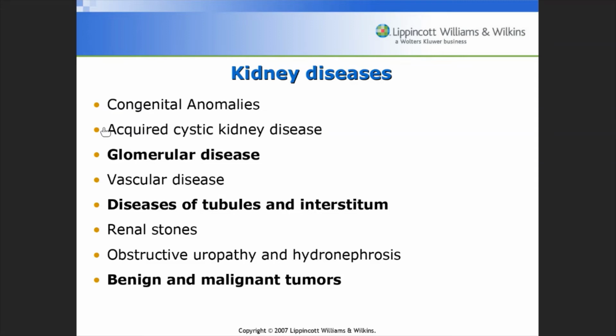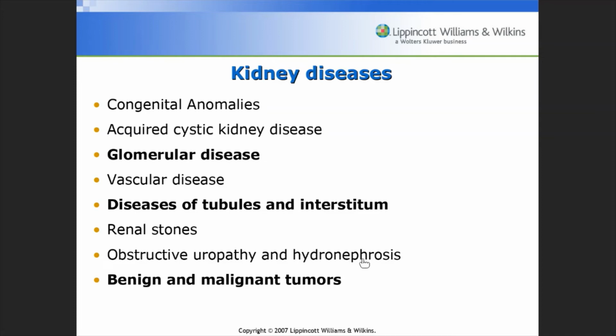Okay, so we're going to talk about some congenital abnormalities, some acquired cystic kidney. Glomerular disease is a big, huge one, and some of the diseases of the interstitium are part of the congenital abnormality. Renal stone, not going to talk about too much, and then we're going to talk about hydronephrosis. The word hydronephrosis really means distension of the collecting system.